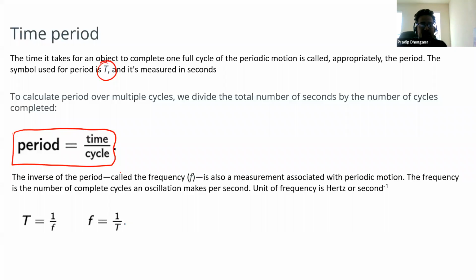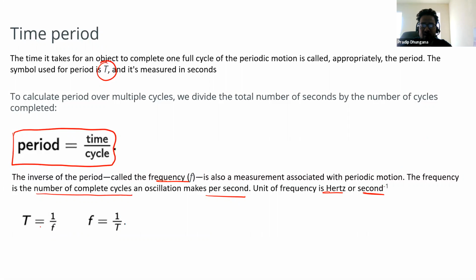The inverse of the period is called frequency. This is also a measurement associated with periodic motion. Frequency can also be defined as the number of complete cycles, or oscillations, made per second. The unit of frequency is Hertz, or per second.